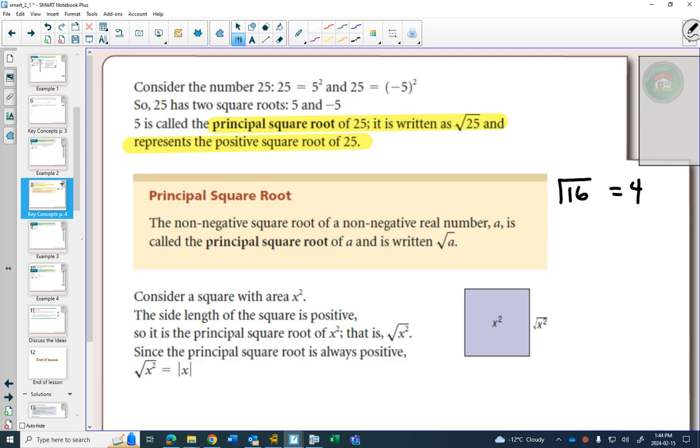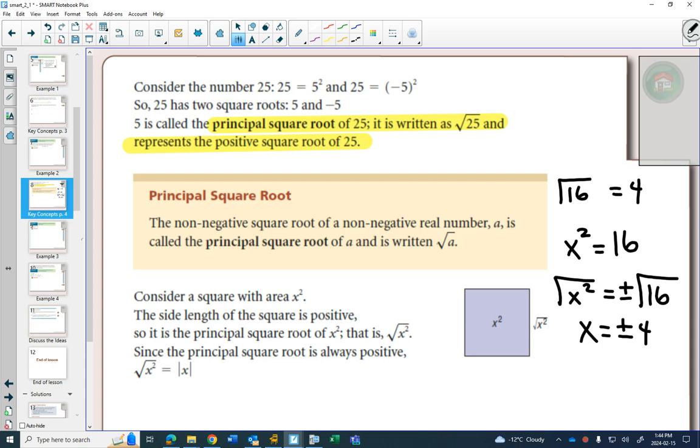If I have an equation that says x squared is equal to 16, and you take the square root of both sides, you have to add a plus or minus. And in this example, x could either be positive 4 or negative 4.